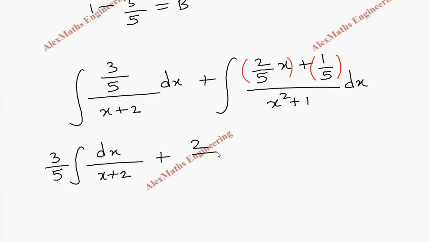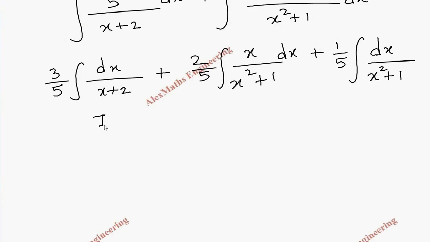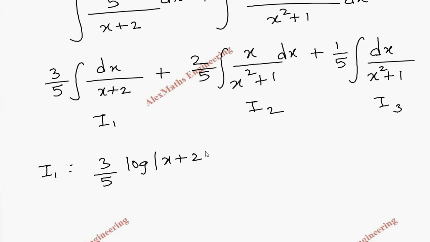So here 2 by 5 is constant which we can take out, x by x square plus 1 dx, and 1 by 5 is taken out, integral dx by x square plus 1. Now let's take this as I1, I2, I3. I1 is nothing but 3 by 5 log mod x plus 2 and integration constant C1.